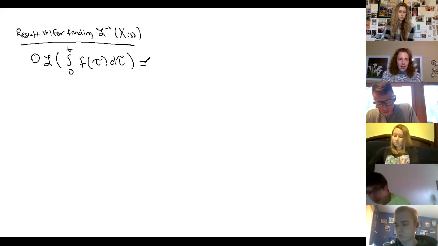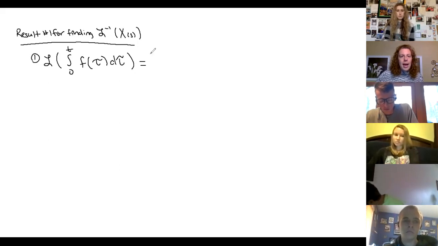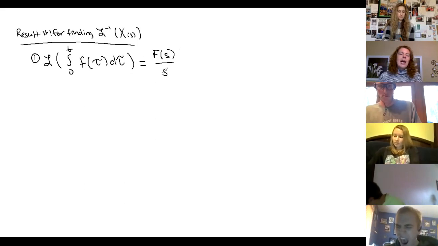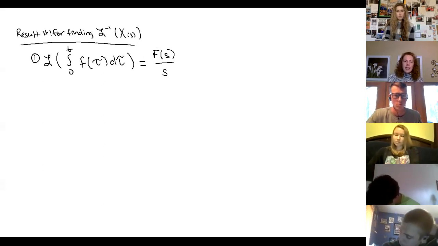The Laplace transform of the integral from 0 to t of f of tau d tau, and you can use whatever letter inside of there you want, is equal to capital F of S over S.